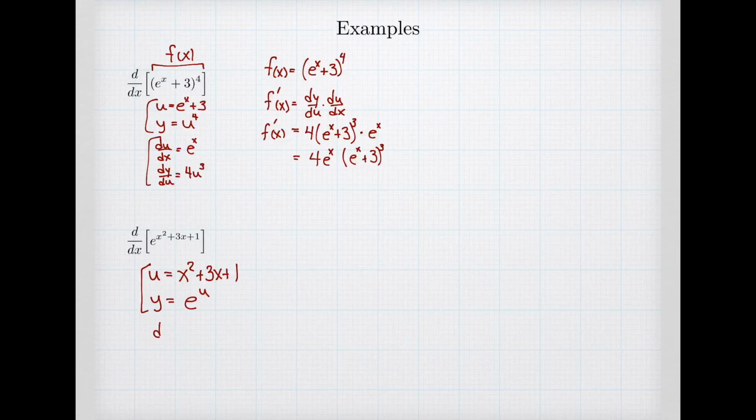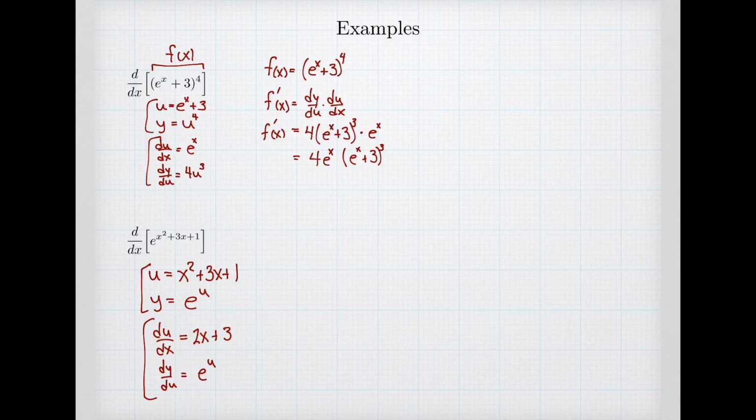And the derivative of each step in the chain: the derivative of u with respect to x is, well, x squared's derivative is 2x, 3x's derivative is 3, 1's derivative is 0. And the derivative of the outside function, e to the u, is itself.